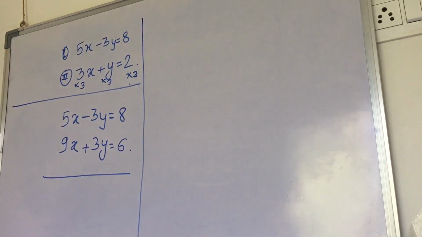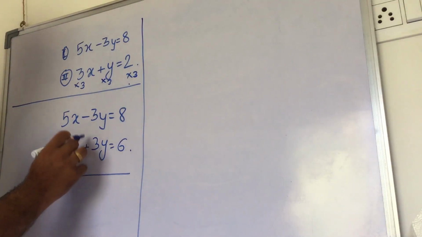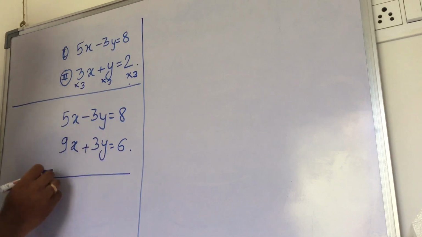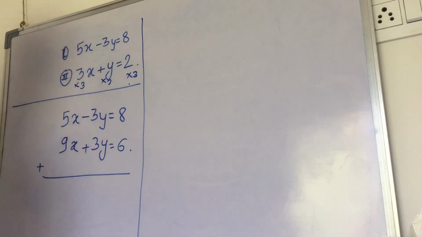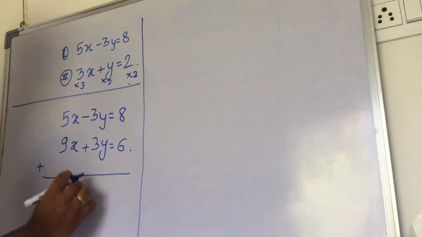What can you do with these two equations? Can you add them? Right, you can add them. You can also subtract them. But since you can cancel minus 3y and plus 3y, you are advised here to add them, which will be easy. So 9 plus 5 is 14x.